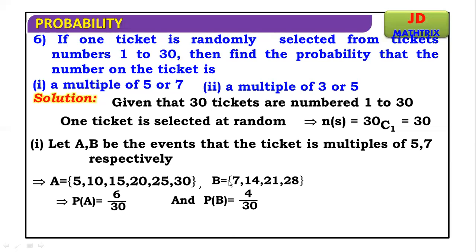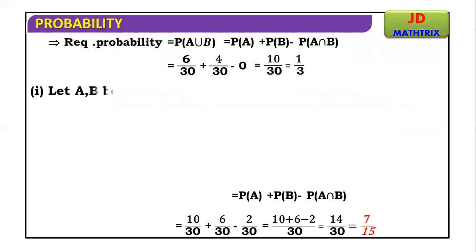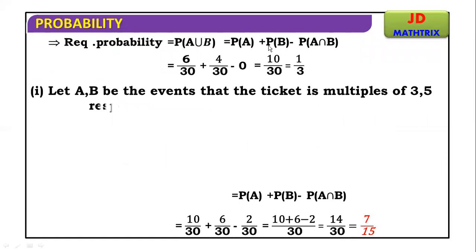Therefore A intersection B is empty. Then P of A intersection B is 0. Therefore the required probability is P of A union B, which is equal to P of A plus P of B minus P of A intersection B.